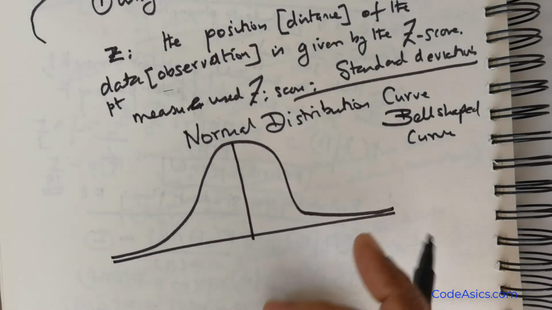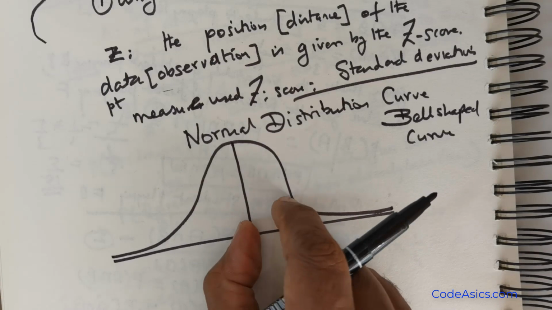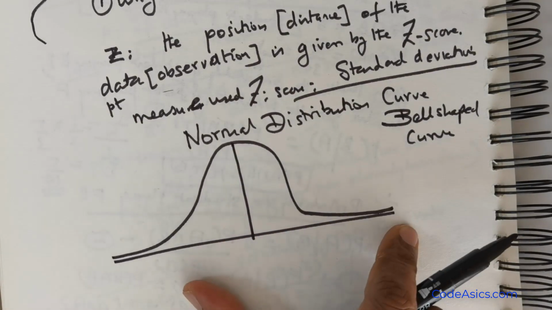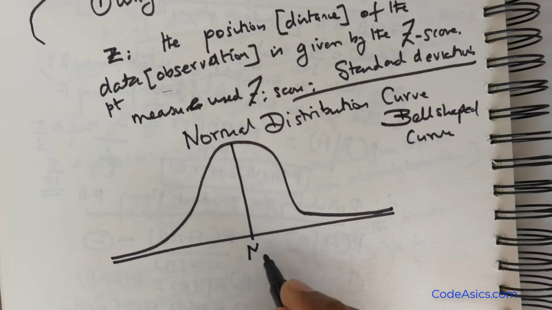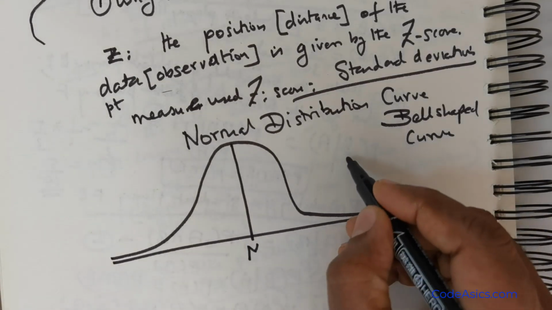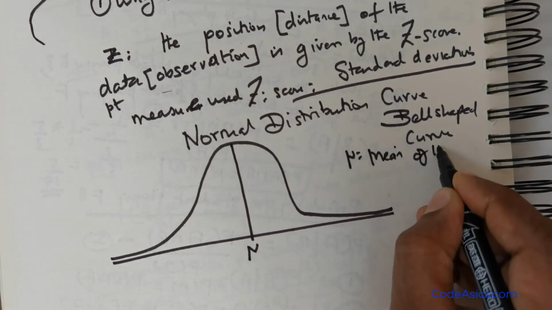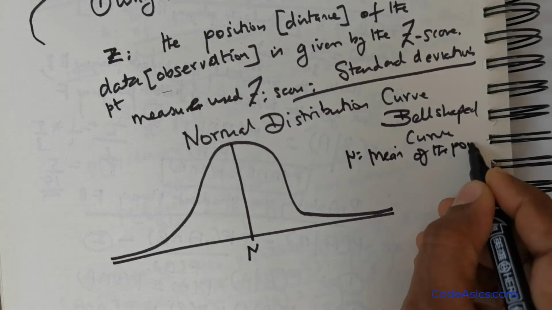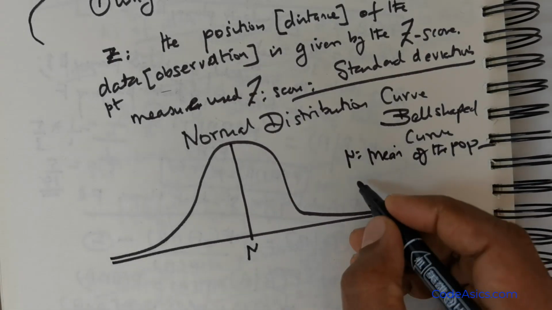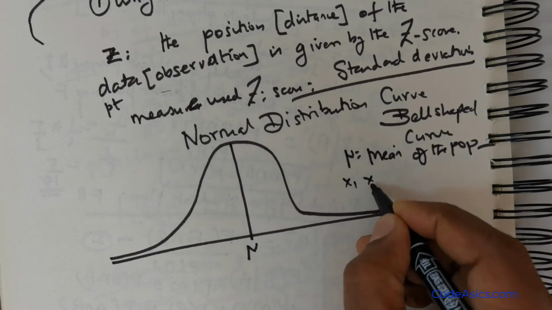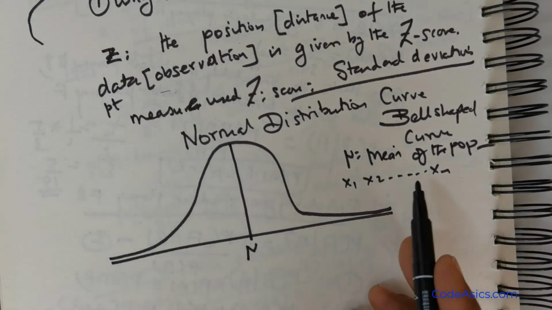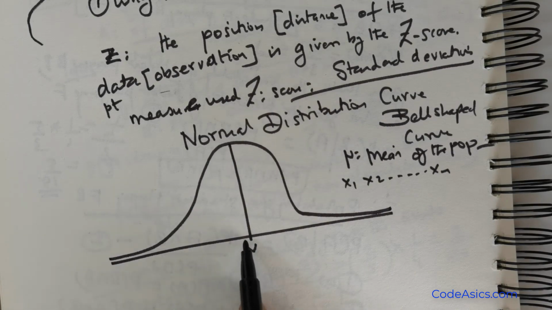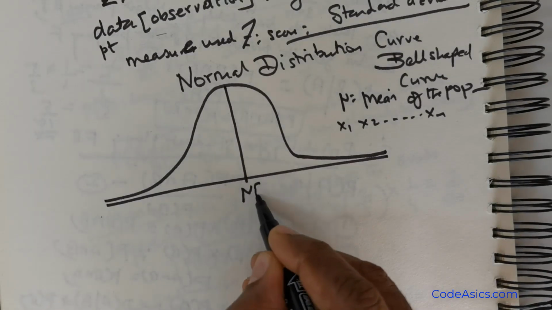You draw a center line, and this part is the same as this part, and this is the horizontal axis. You have what is called mu, which is the mean of the population, and you have a collection of x1, x2, etc., xn. All of these points will be either to the left or to the right of the mean. So this is our mean.